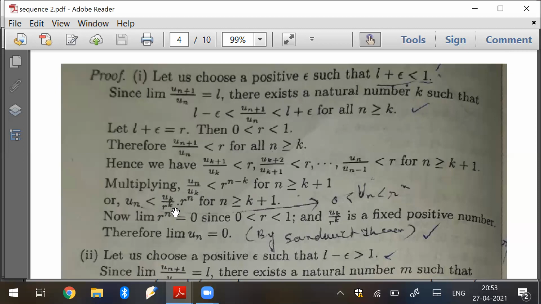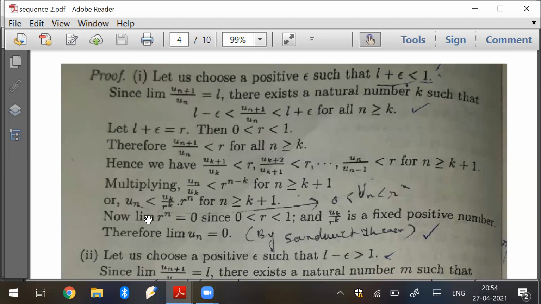Okay. So uk by r to the power k is a fixed constant. Suppose I take it as a fixed constant, say capital N, times r to the power n. Now r to the power n means what? r is a number which is greater than 0 and less than 1. So the sequence r to the power n converges towards 0, because r lies between 0 and 1.